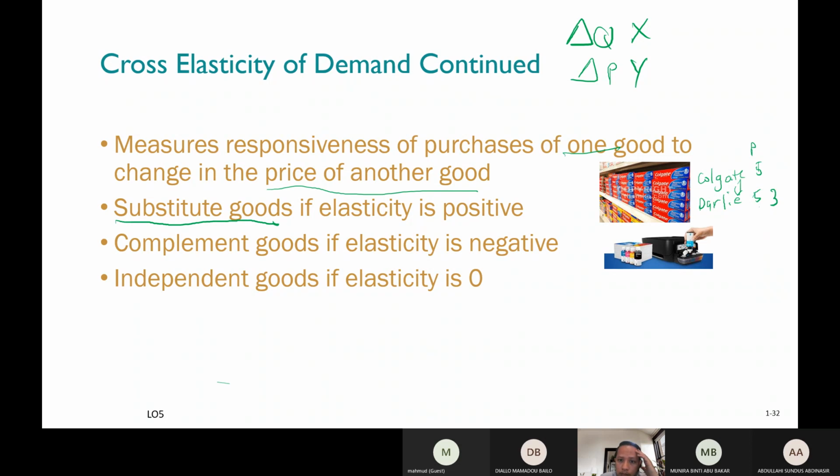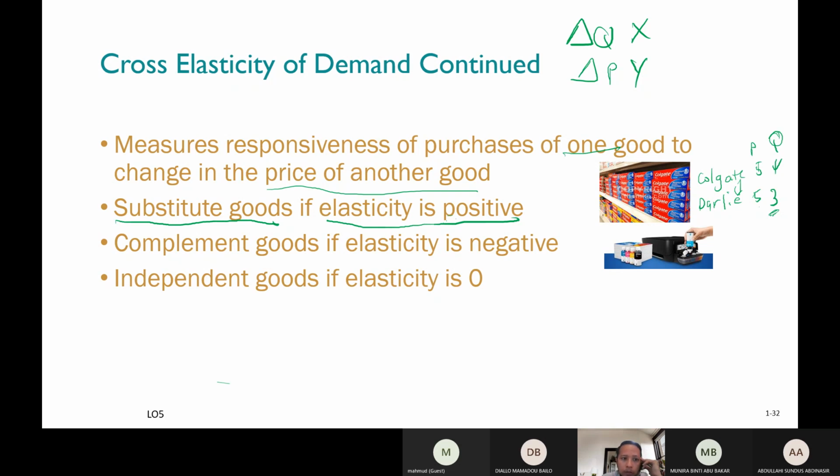So the quantity of Colgate goes down because of the change in price of Dali. If you calculate the cross elasticity, it would be positive, meaning that it is elastic.